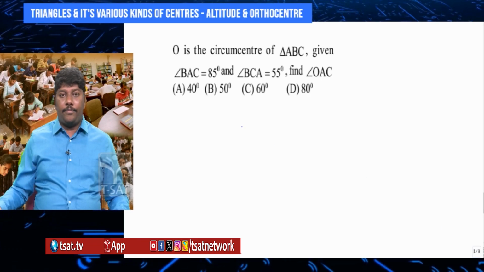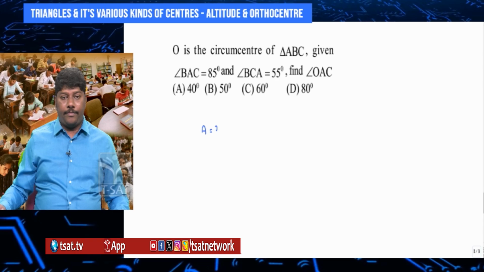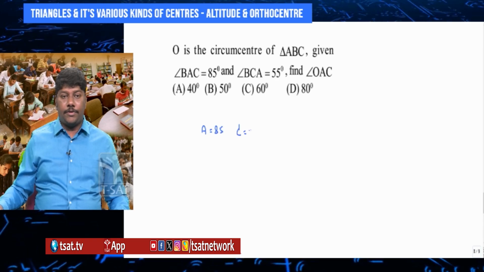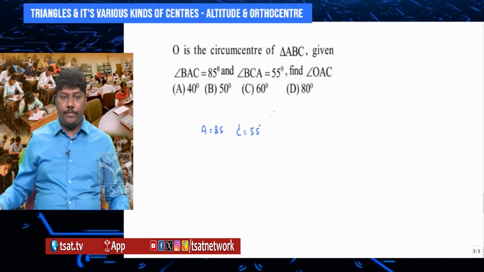O is the circumcenter of triangle ABC, given angle BAC, meaning angle A, is equal to 85 and angle C is equal to 55. Find OAC.